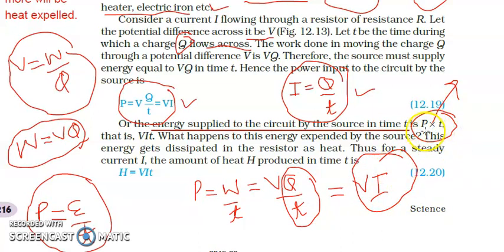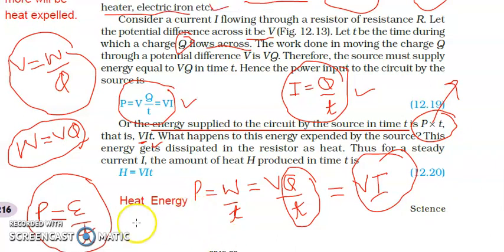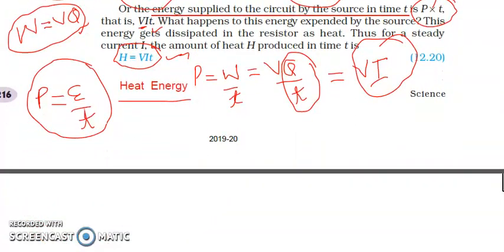Now in this expression, P would be taken as VI into t. So this will be the energy, and the energy we have been talking about here is the heat energy that we discussed earlier in this video. This is the heat energy formula, and the heat energy is VIt. I hope this is clear, and we'll continue the next part in the next video.